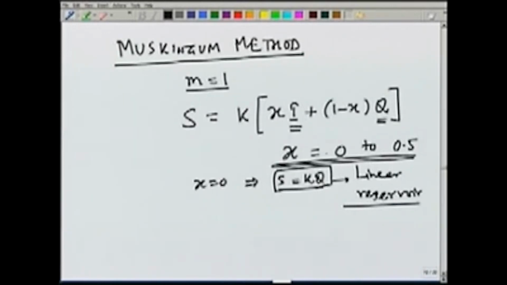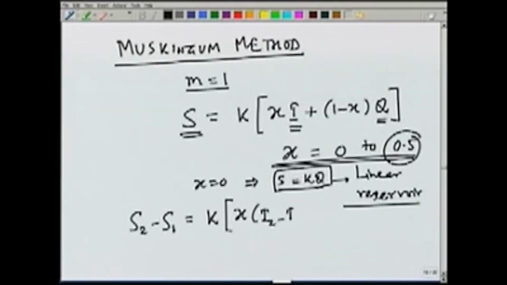But typically an x value less than 0.5 will be used for the Muskingum method, about 0.3, 0.4 we can use. So, we can write the equation for the mass balance or the continuity using the Muskingum method.